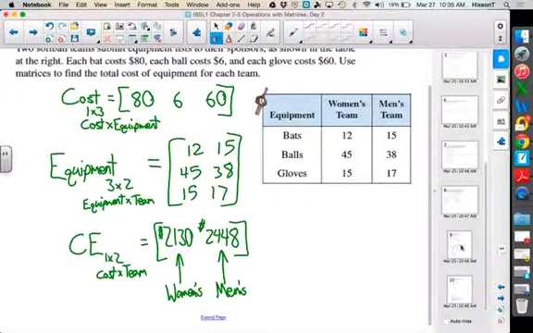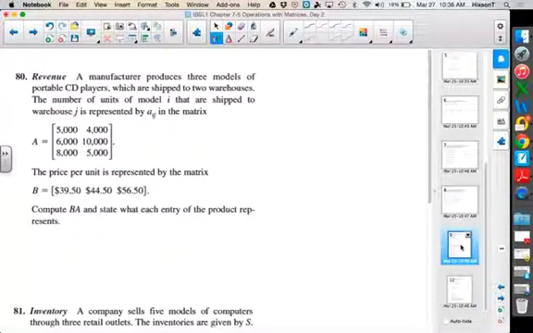So let's just skip down here and take a look at a couple of problems. We're not going to actually do the multiplication, but I want to interpret some results here. All right, so 80. A manufacturer produces 3 models of portable CD players, which are shipped to 2 warehouses.